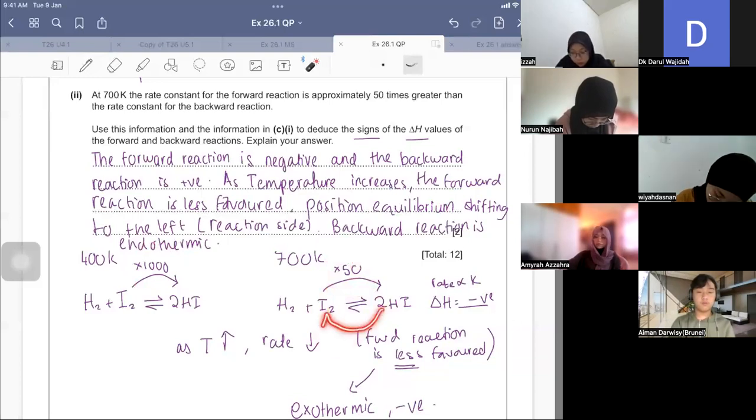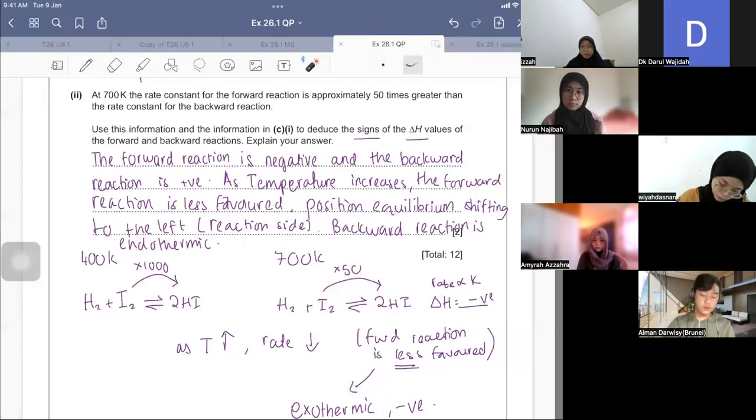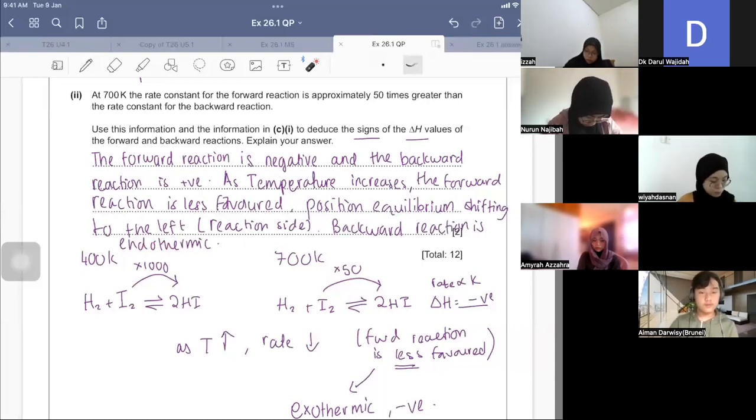The fact that the reverse reaction is increasing indicates that it is being favored at high temperature, and high temperature usually favors the endothermic reaction. So that's why we have implied that the reverse reaction has a positive delta H and the forward reaction has a negative delta H. In a way, you can see it as the reaction being more favored and less favored, but I try to talk about the rate more importantly.